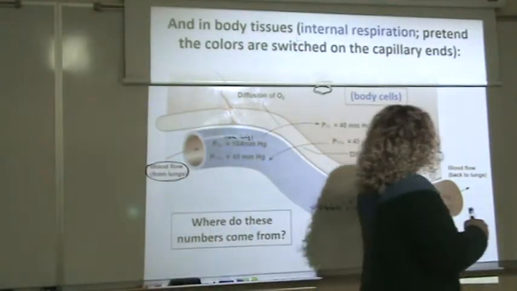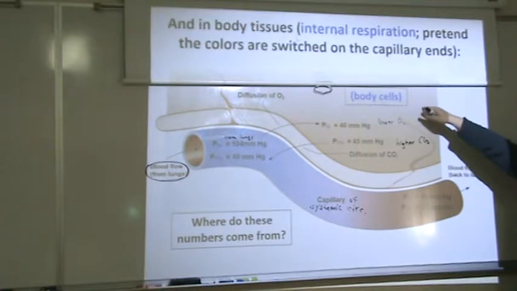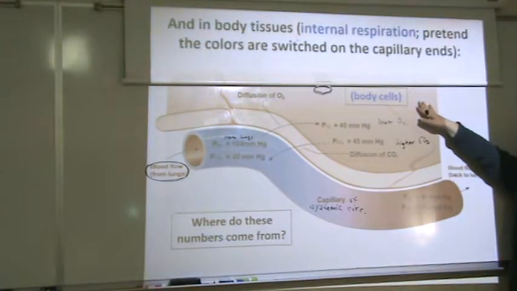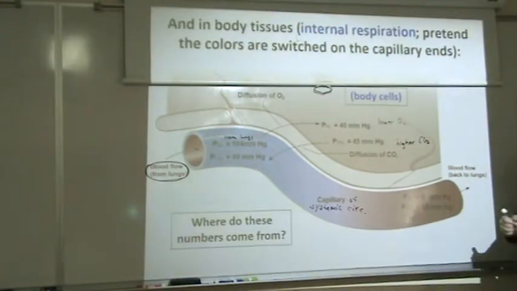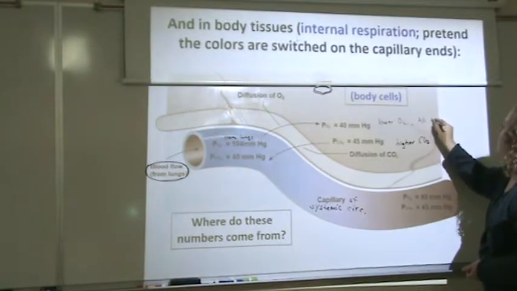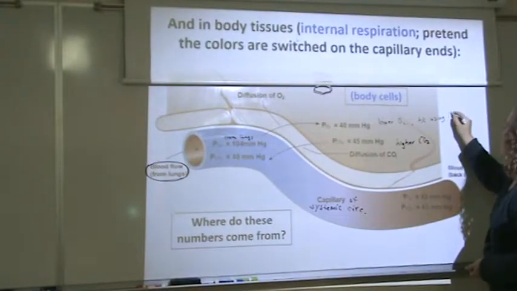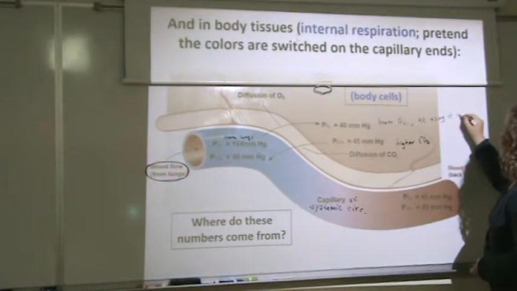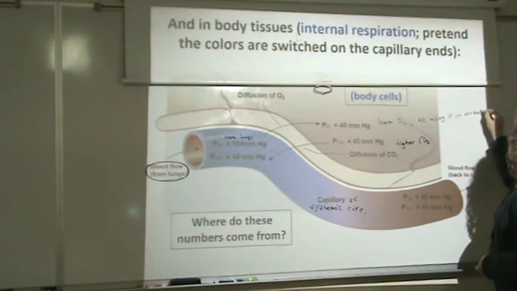Now we start talking about why. Why do the body cells have such low oxygen? What's their problem? Because they already used it up. They're using it up, yes. They have lower oxygen because they're using it in aerobic respiration.